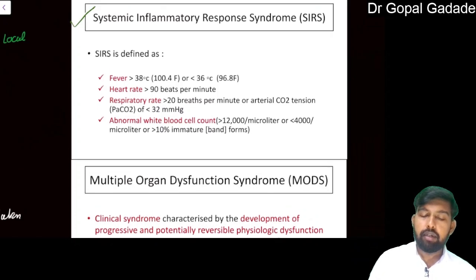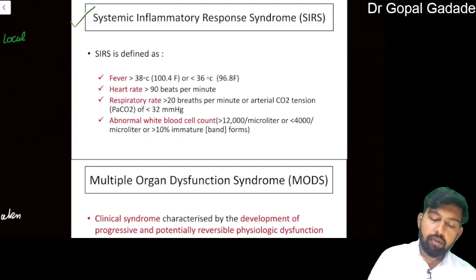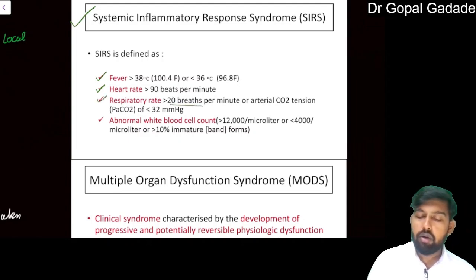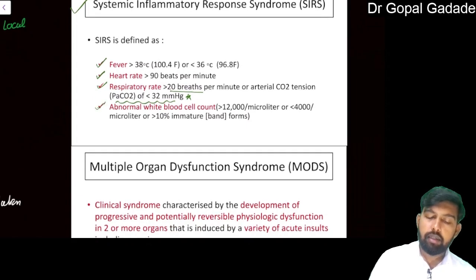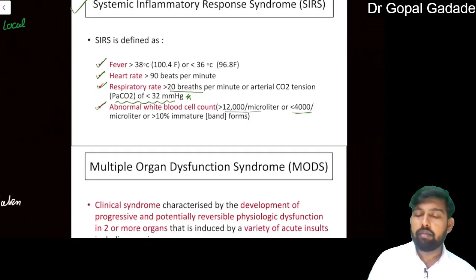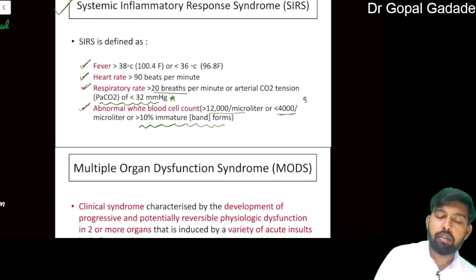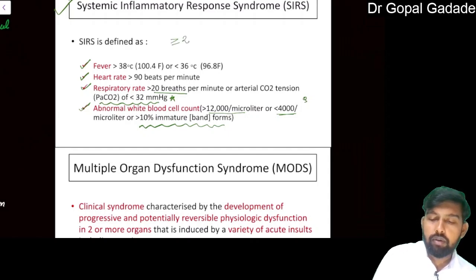It can be defined as fever, heart rate more than 90 beats per minute, respiratory rate more than 20 breaths per minute, or a PaCO2 less than 32 mmHg, or a TLC count more than 12,000 or less than 4,000, or immature or band form cells more than 10%. SIRS is defined as the presence of any two or more of these features.